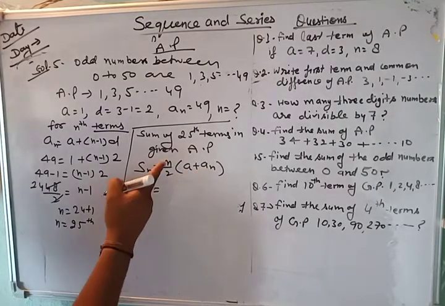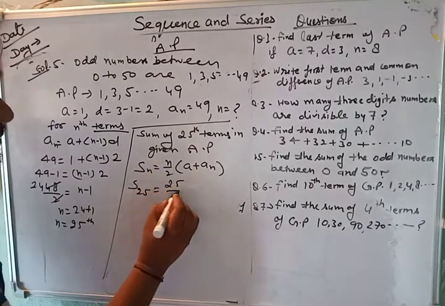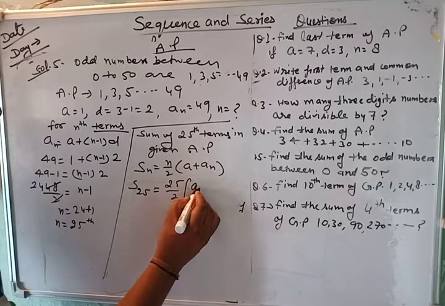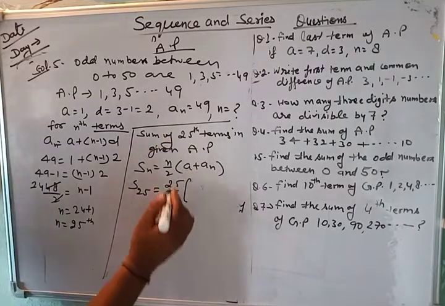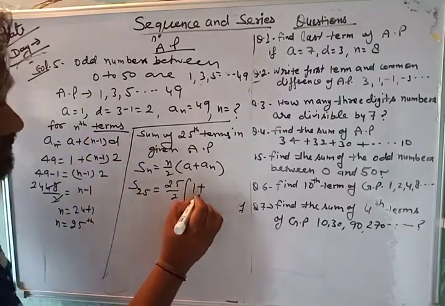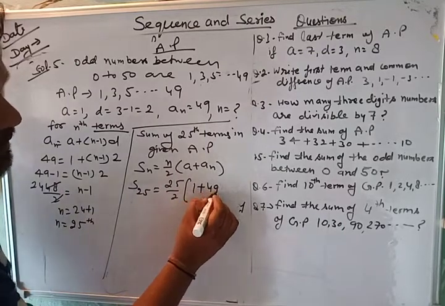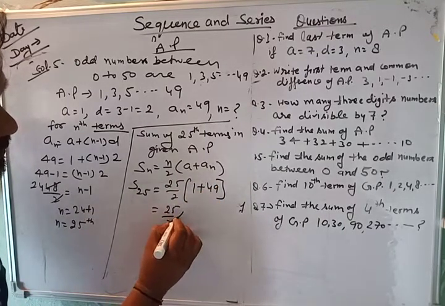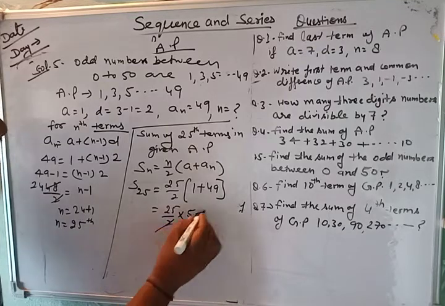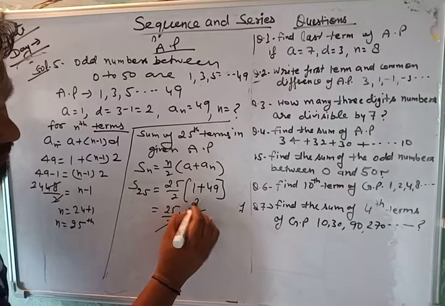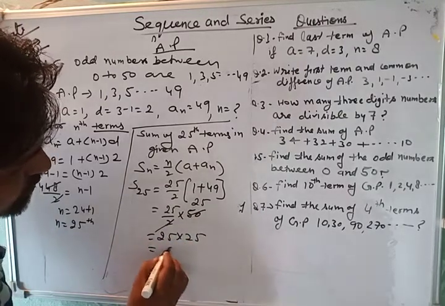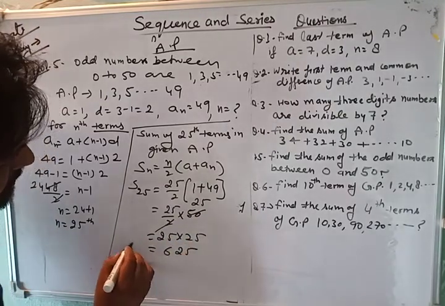S25 equal to 25 by 2 times (a plus an), where a is 1 and an is 49. So 25 by 2 multiplied by 50, cross cutting, it is 25, and 25 multiplied by 25 equal to 625.